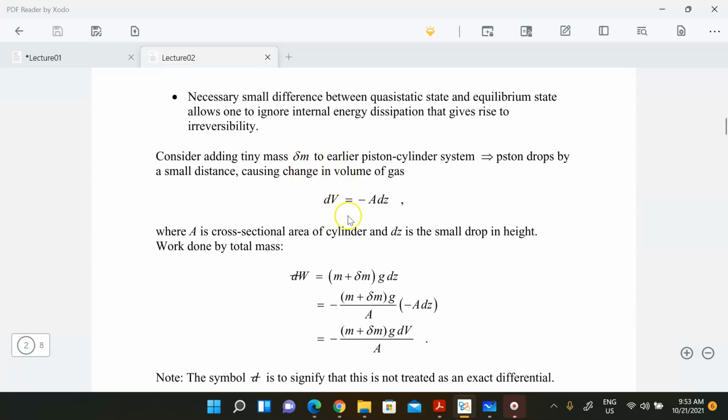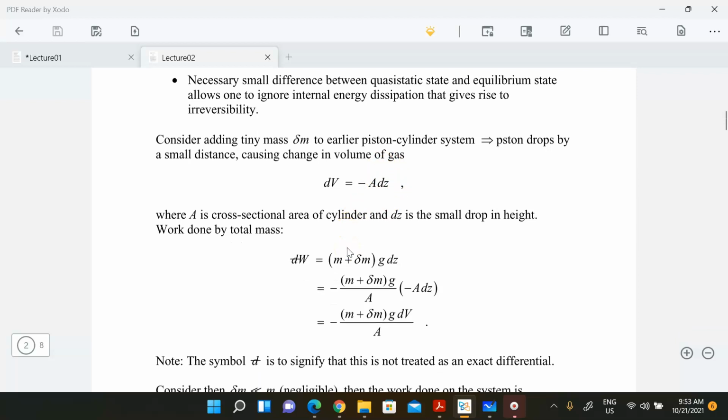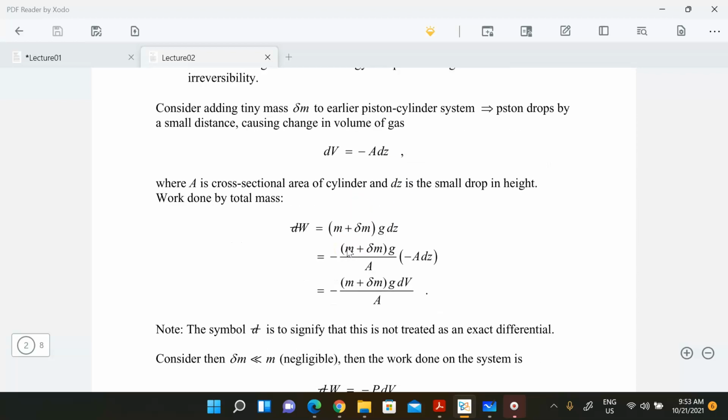You have dV equals minus A dz, the change in volume given by the fall of the height. The mechanical work done is given by the total mass M plus delta m times g times dz. So this is just your mgh.